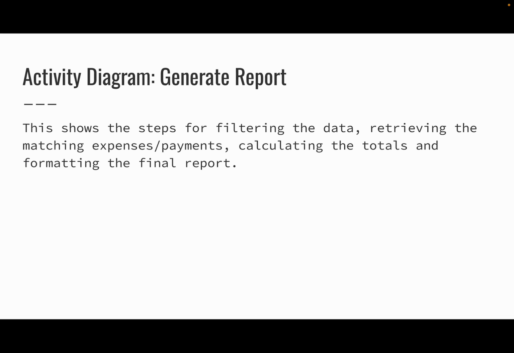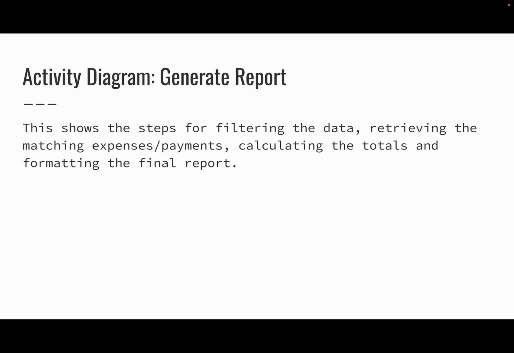So the diagram shows the steps for filtering the data, retrieving the matching expenses and payments, collecting the totals, and formatting the final report. So just to expand on that, for this activity diagram, the user would have their data filtered according to the date range, the group, or the expense type.